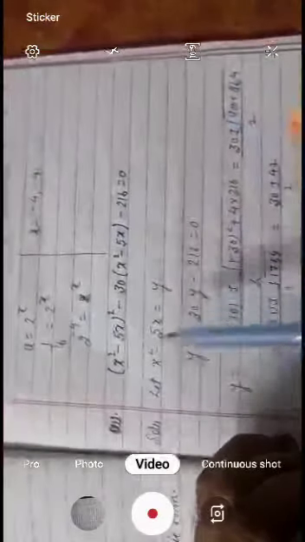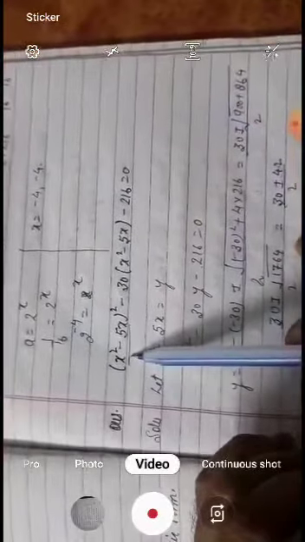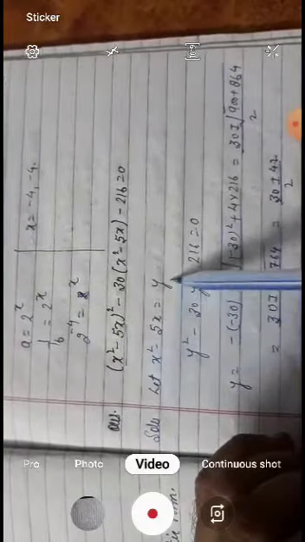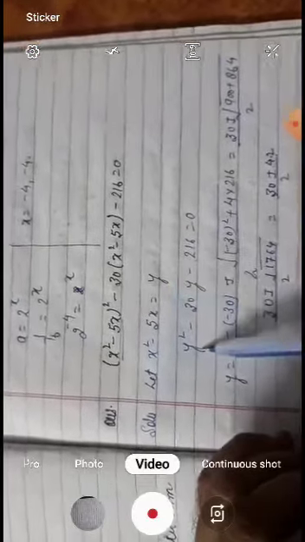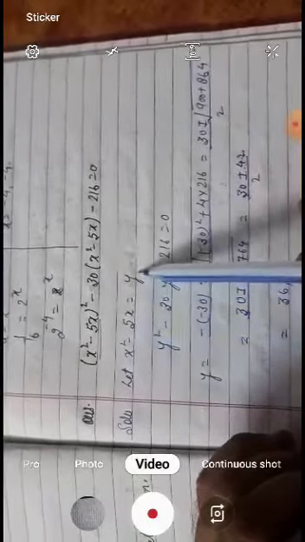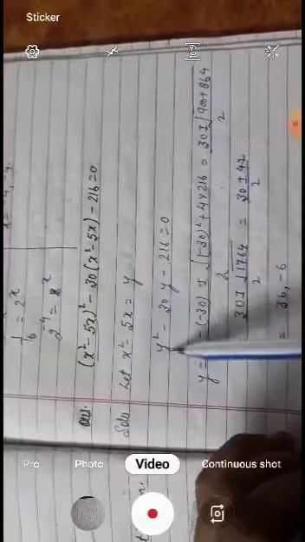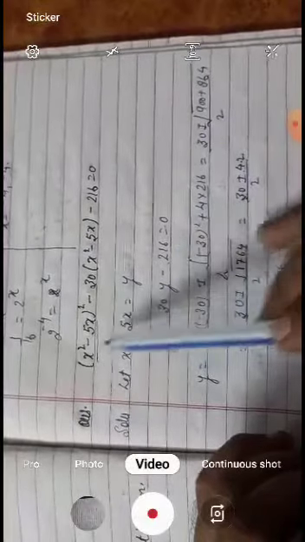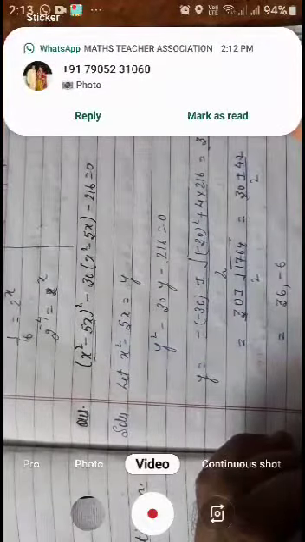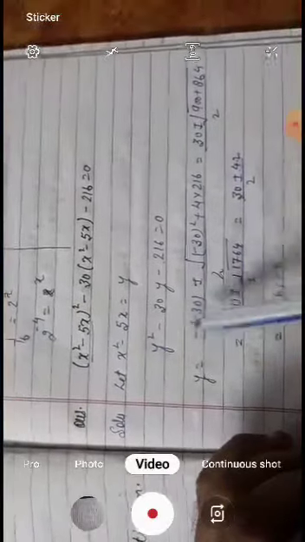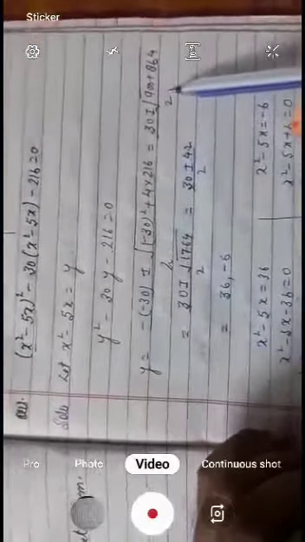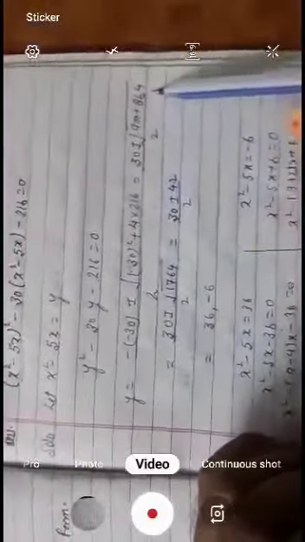Now next is our next quadratic equation. Firstly, we have to reduce it to quadratic form. Let us consider x² − 5 = y. Then putting y in place of x² − 5, we get this equation, and solve it properly.